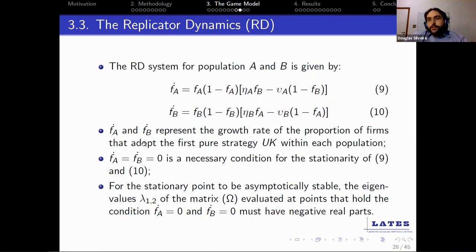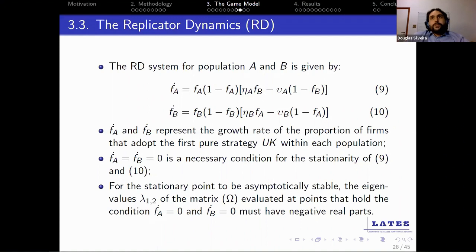And we have two conditions to evaluate the stability of a specific strategy. The first one is that FA dot and FB dot must be equal to 0, which means that there is no updating of strategies going on in this environment. So it's a necessary condition for the stationarity of equations 9 and 10. And the second condition that we need is that the stationary points must be asymptotically stable.